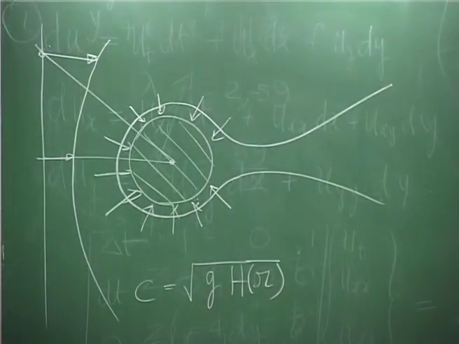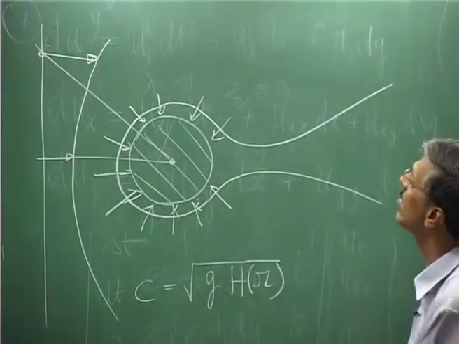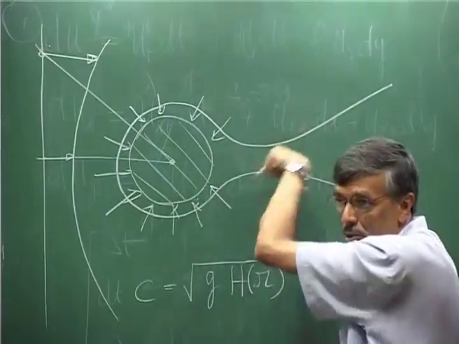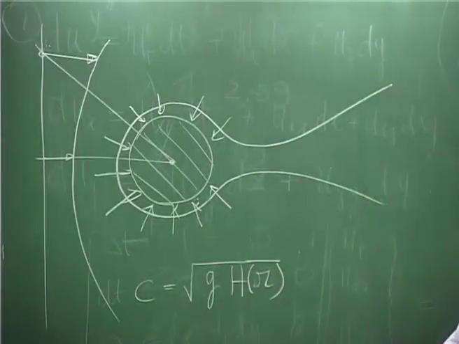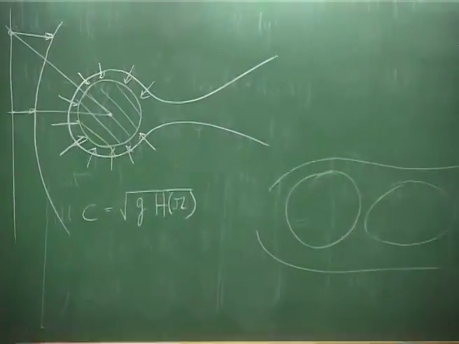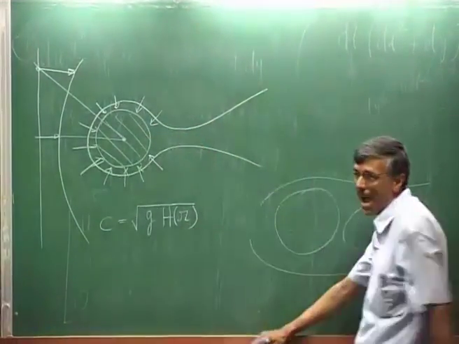Suppose you take a cylindrical structure and put it in a river, then if around that there is an inhomogeneity, you will find the water will also, on the back side, gush towards the cylinder. But if you put the same cylinder in the air, you would find a sort of dead water zone, there would be nothing here. But here you are seeing that it is actually going back towards the cylinder.